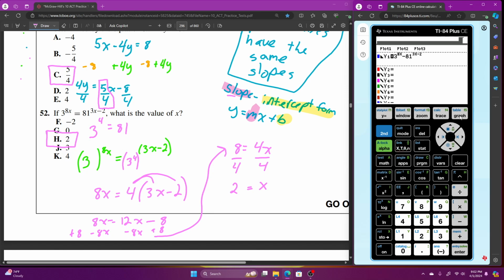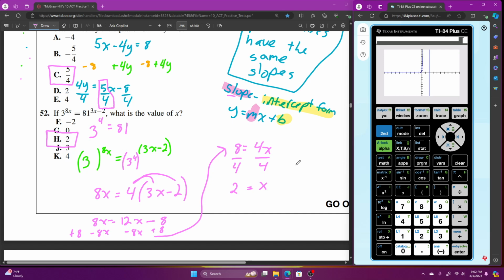And let's just look at our graph. Oh, I still had my inequality on. Let me fix it back to normal. I just want that normal line right there. Okay, that should give me a normal line. And right there, look at that. My x is on the 2. When y is 0, x is 2.